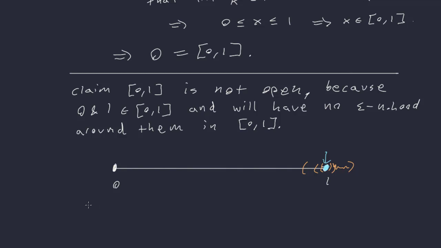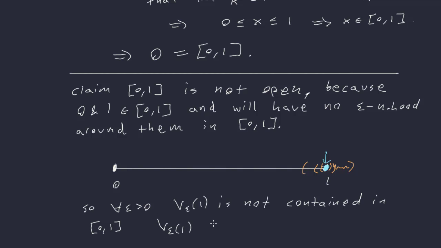So for all epsilon greater than 0, V epsilon around 1 is not contained in 0 to 1. In other words, V epsilon around 1 is not a subset of 0 to 1. Therefore, 0 to 1 is not open.